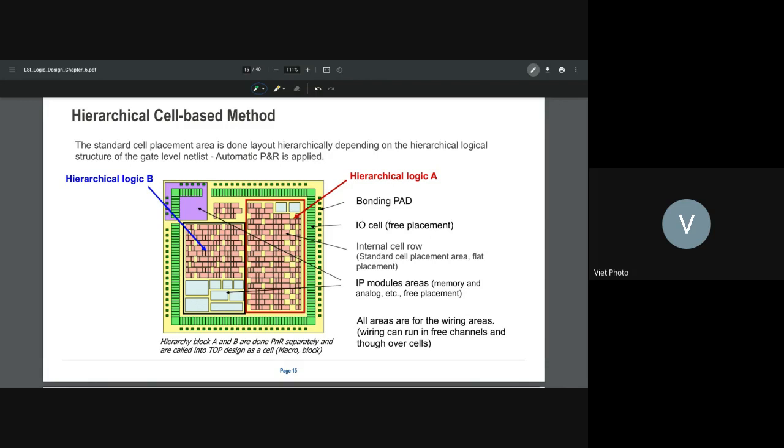Currently, the EDA tools run the timing. Imagine that it has to run the timing for 16 billion transistors; no tool can do it, right? So they have to divide and conquer. They divide into blocks and do the timing on each block.